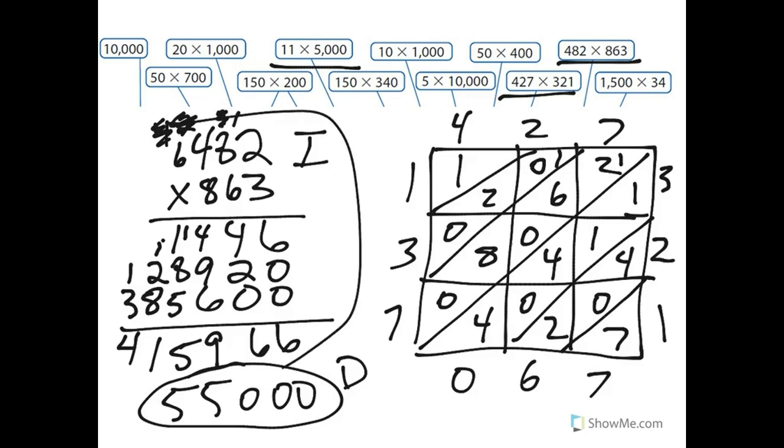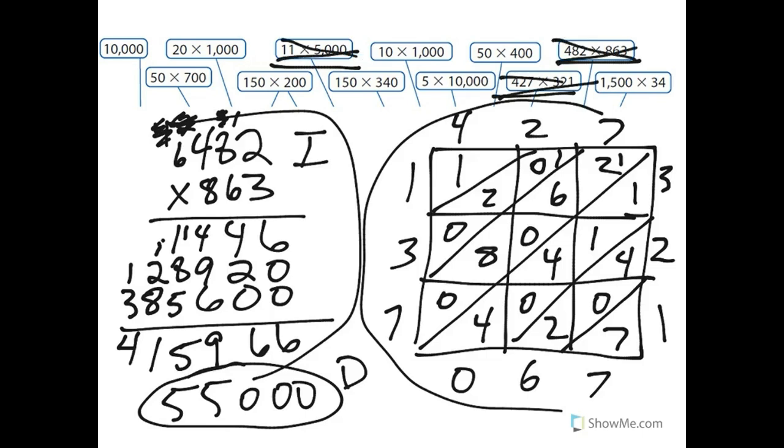Some of them you'll need to do this, and if you want to do this strategy as well, that's fine. You do need to work on it though. All right, so go ahead and do the rest. I'm going to mark these out so I know not to do them again when we go over them. All right, so you do the rest, then we'll go over it.